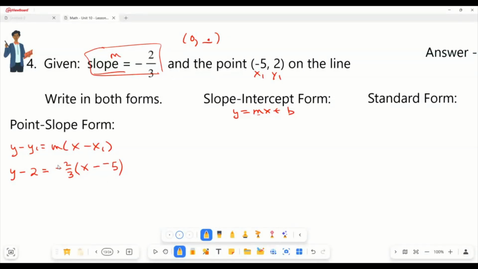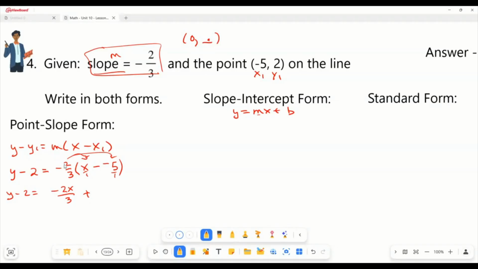Parentheses. Distributive property. Negative 2/3 times X is negative 2X over 3, because that's over 1. This is going to be plus. Negative negative is a plus.